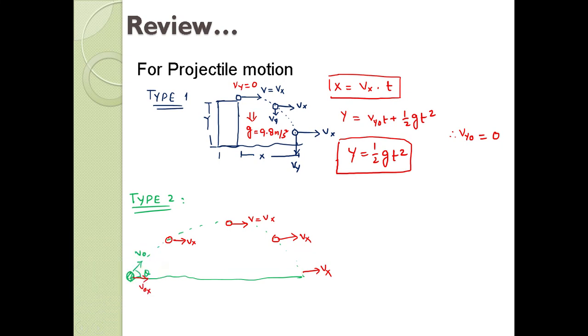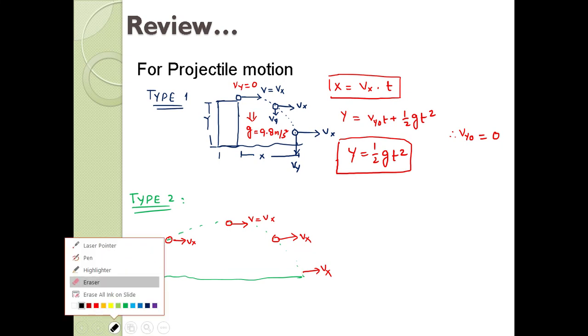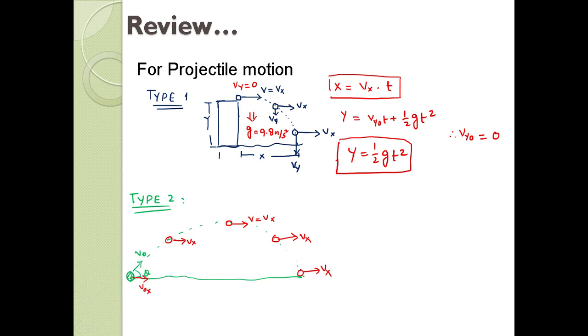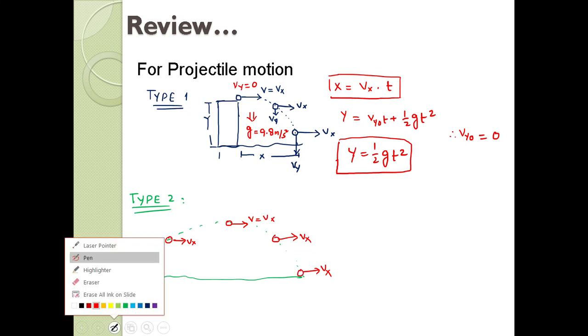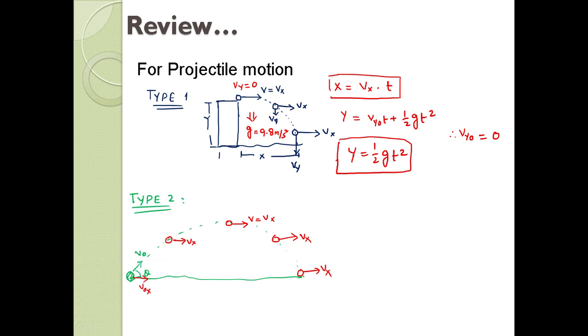But on the other hand, when we are talking about the vertical component of the velocity, as you remember, initially it will be V naught y, and then this V naught y will change to Vy and reduce to 0 at maximum height. Vy will be 0, but as it moves downward, Vy is produced again, and this Vy will keep on increasing until we reach the ground and hit back.